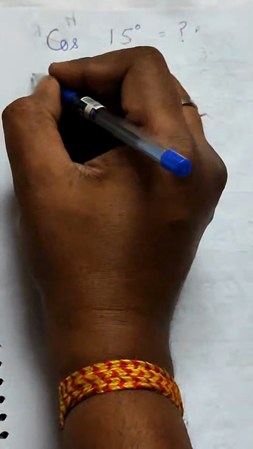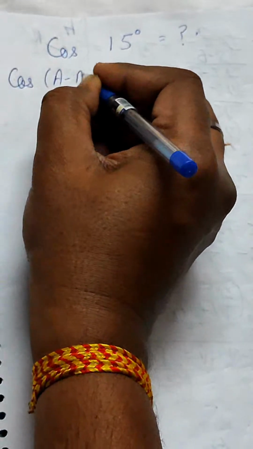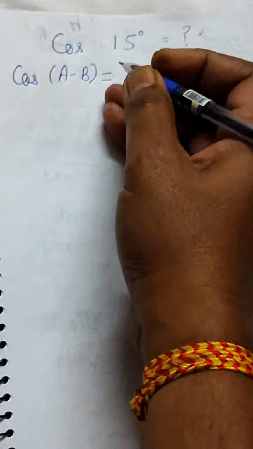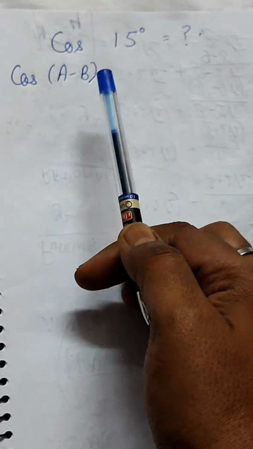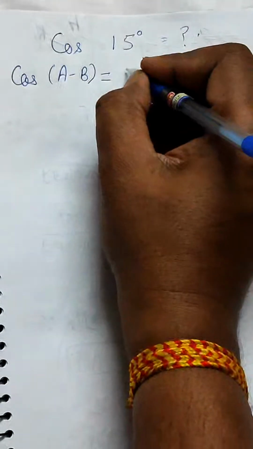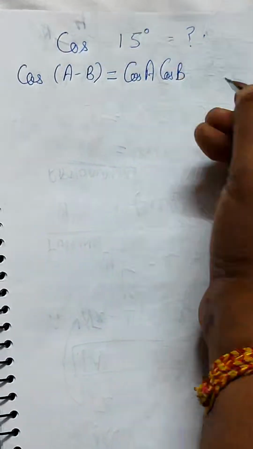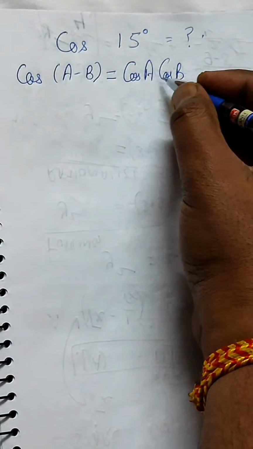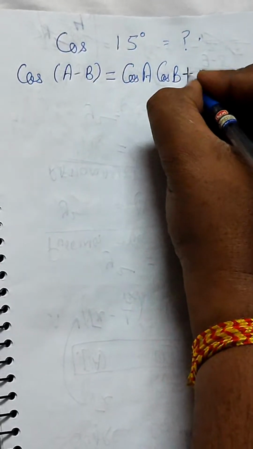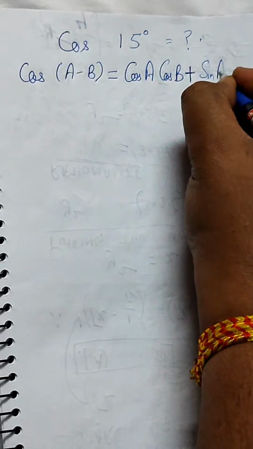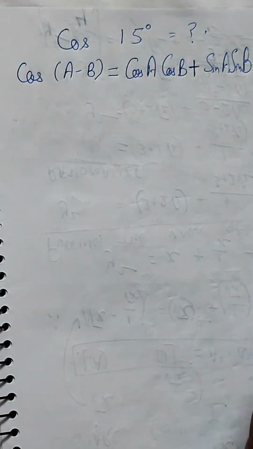That is cos of A minus B is equal to cos A cos B plus sin A sin B.